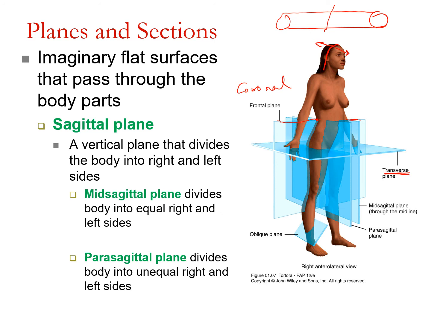So if you take this body and dissect it right along over here, in a manner that you get a top and bottom portion, that would be called a transverse section. So a transverse section divides the body into superior, meaning the top, and inferior, meaning the bottom, portions.